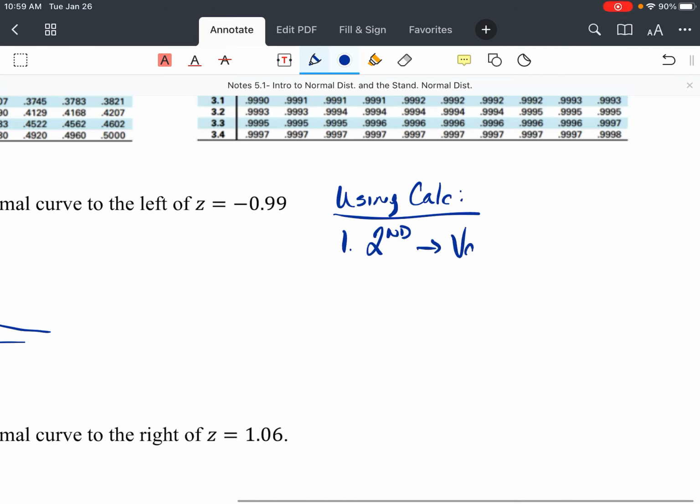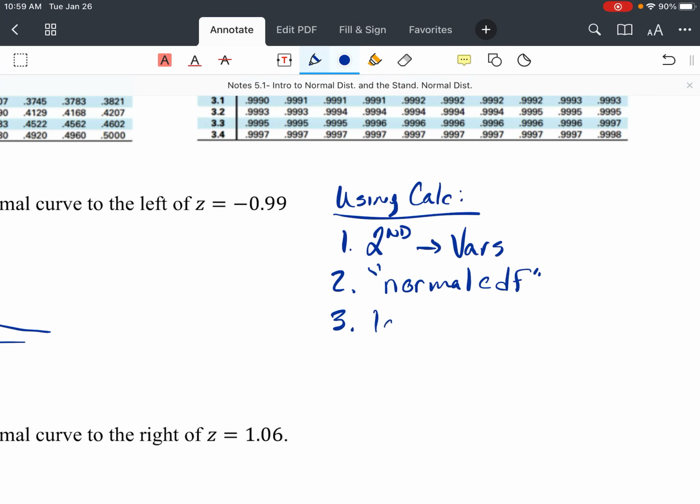Okay, so first thing you're going to do is go to second, vars. Then you're going to scroll down until you see normal CDF. Okay, and it's going to ask you lower, upper, the average, and the standard deviation.